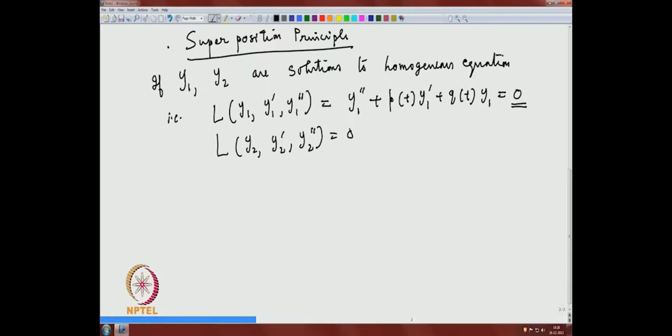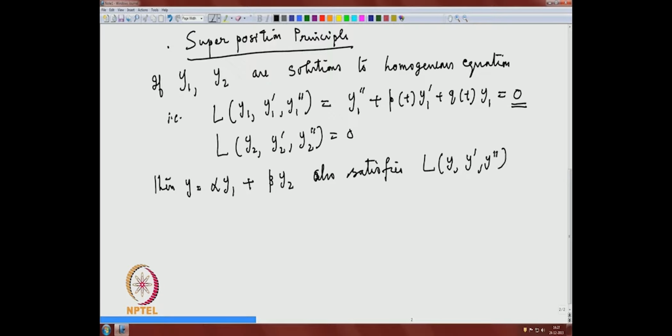So, if y1 and y2 are solutions to your homogeneous equation, then y equal to alpha y1 plus beta y2 also satisfies L of y, y prime, y double prime equal to 0. This is the superposition. This is the typical nature of any linear system.